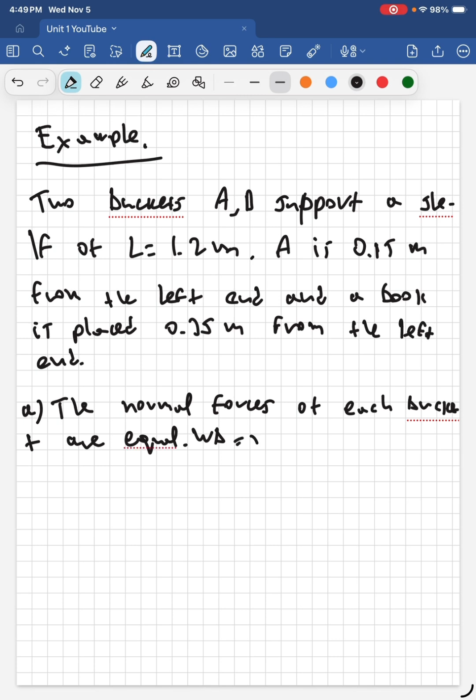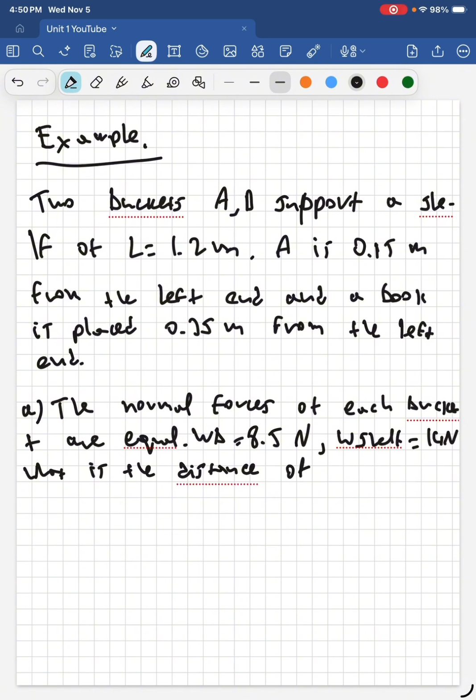WB is 8.5 newtons and W shelf is 14 newtons. What is the distance of B from the left end? From the left end, okay?